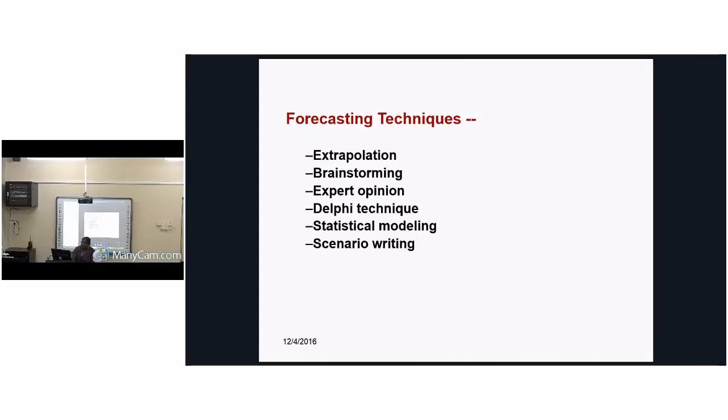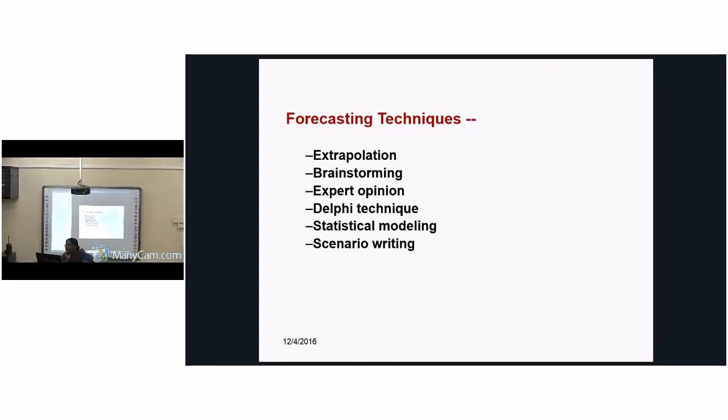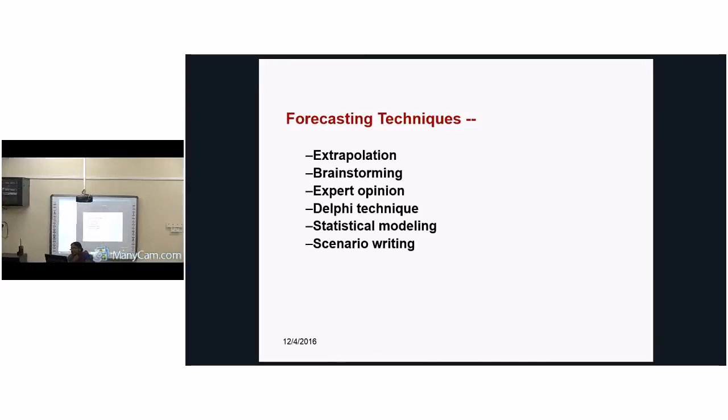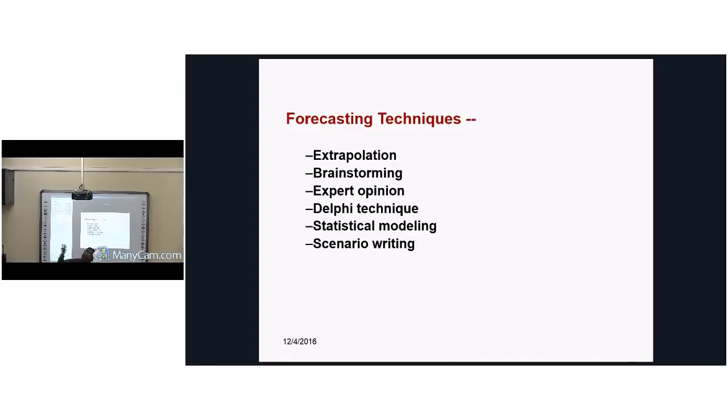Extrapolation, brainstorming, expert opinion, Delphi technique, statistical modeling, scenario writing. These are different forecasting techniques. Extrapolation means you extrapolate.